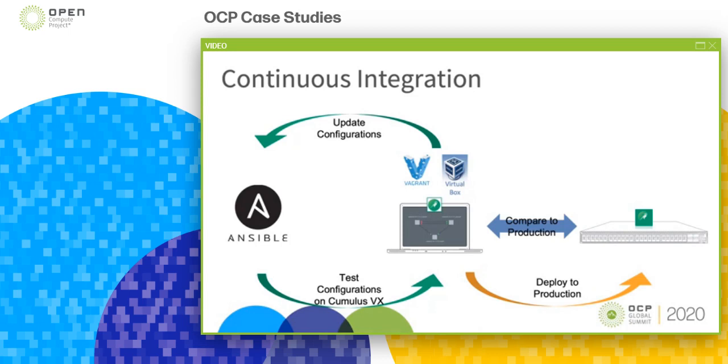And then using NetQ, we can verify not just that the changes were correct, but we can also compare the behavior in the actual, operational network with the behavior in the simulated network as a way of verifying that the intent of the operator was fulfilled.